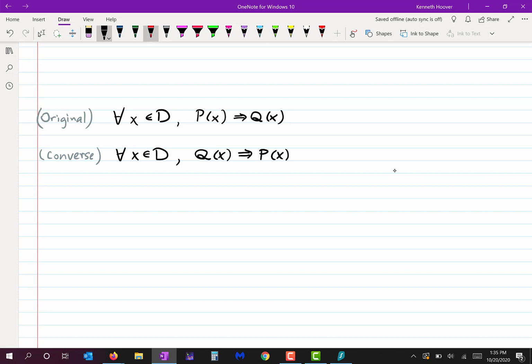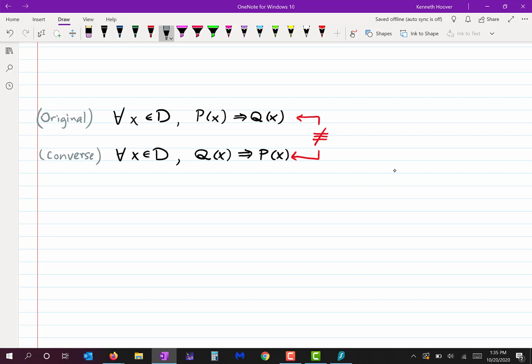Those are not equivalent. This is very important. Those are not equivalent. All right. Here is the contrapositive. Let's save that one.